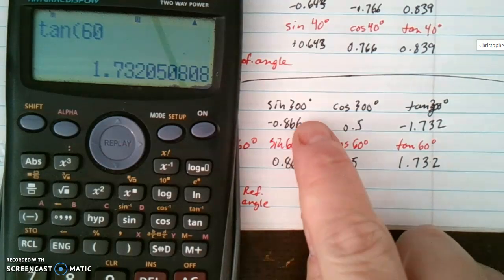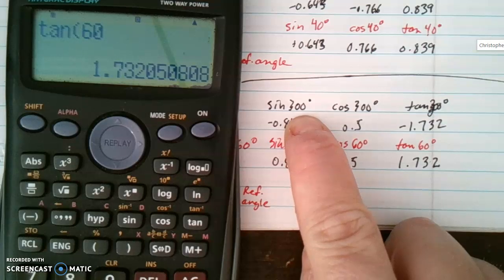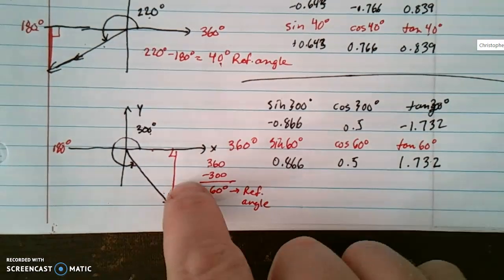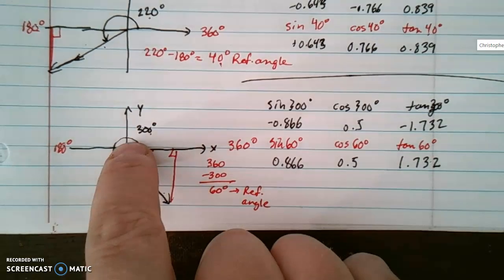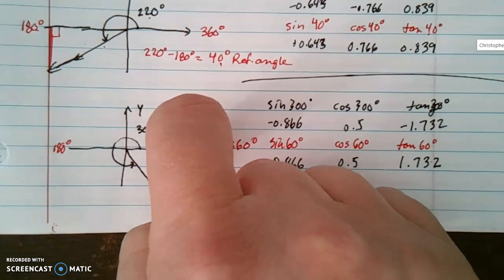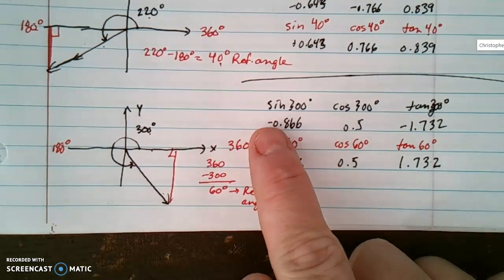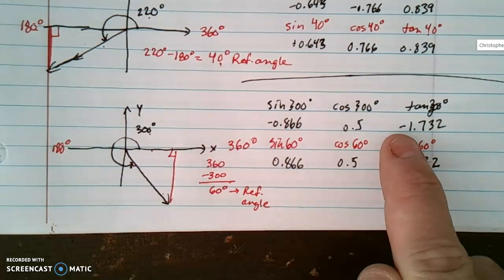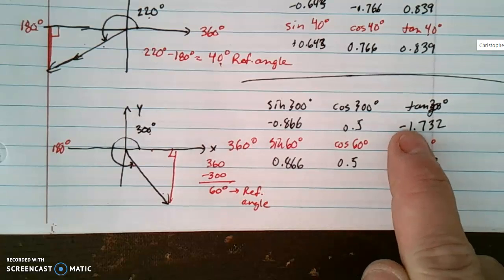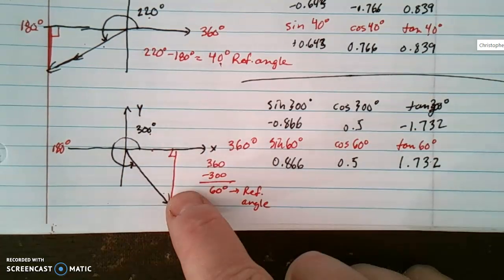Okay, so what's the difference, guys? 300 degrees is in quadrant 4. Okay, what does that mean? You're going to the right, which is positive, and down, which is negative, and that causes some of these answers to be negative because the calculator knows you're going to the right and down.